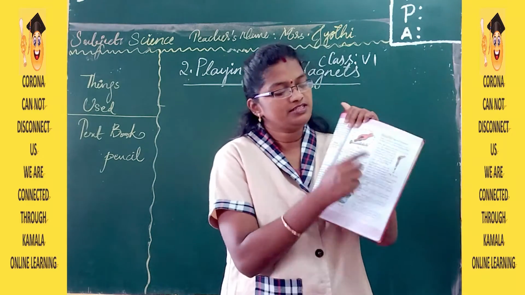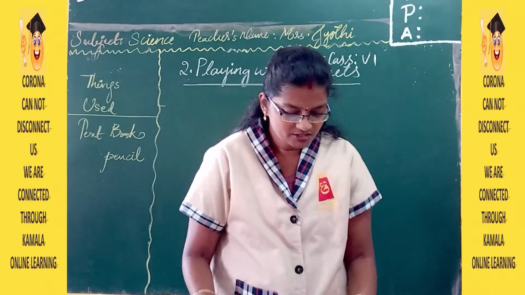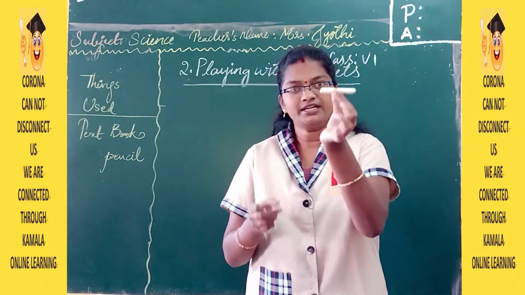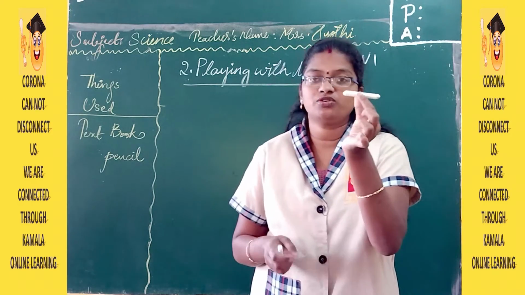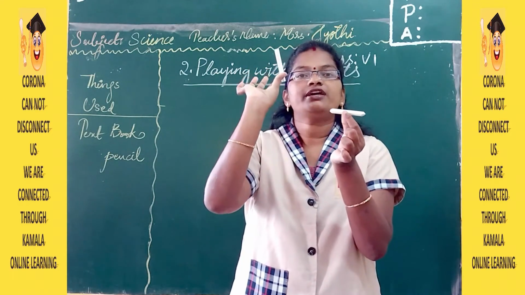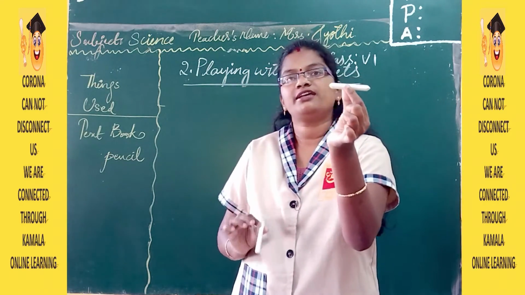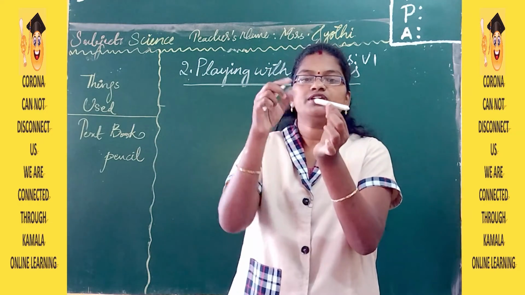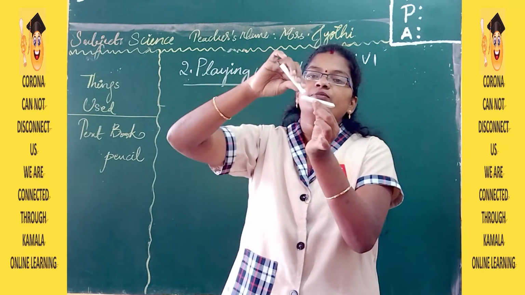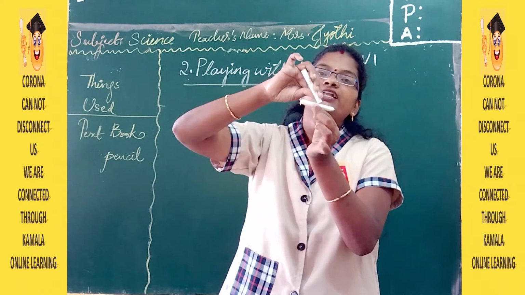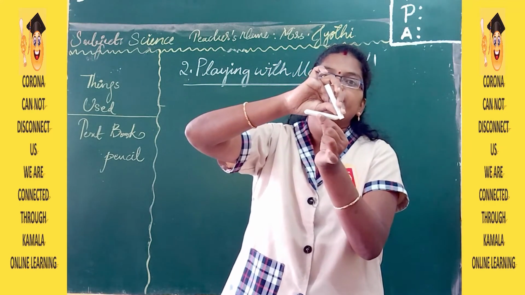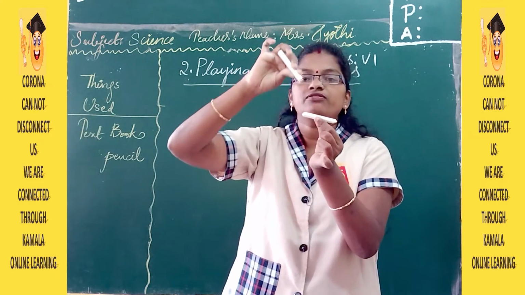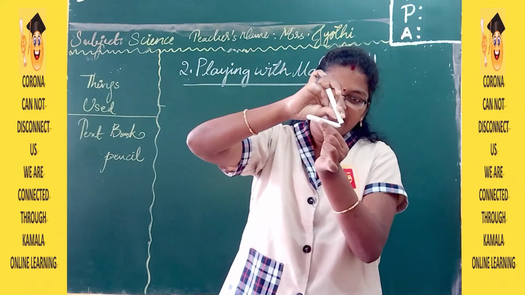So here, this is figure number 9. What they are telling is, take a table and put the iron nail on the table as shown in the figure. Then you have to take a magnet. Think that this is an iron nail and this is a magnet. From the top, from here, you have to drag it like this. Touch it and drag it. And then lift it. Once you reach the end, you have to lift it and again drag it like this.